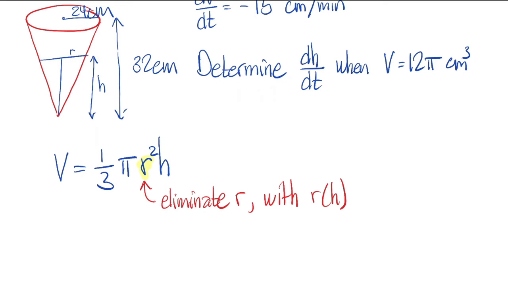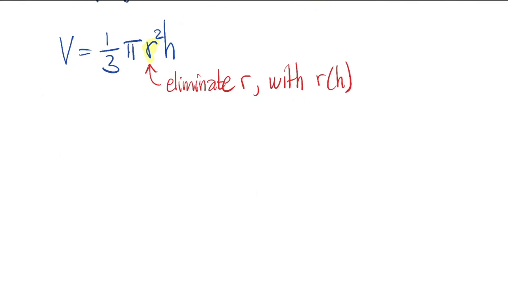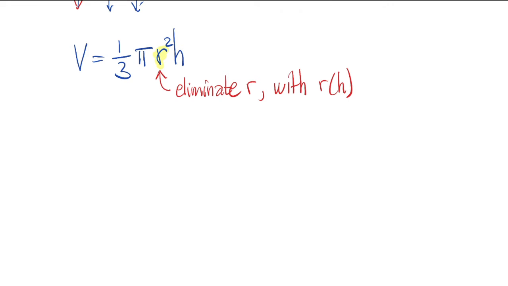Okay. Now, if we take a closer look at the cone and the triangles that we'll end up with here, I'm going to sketch it again here. We have the total height of the cone. That's the radius of the entire cone.